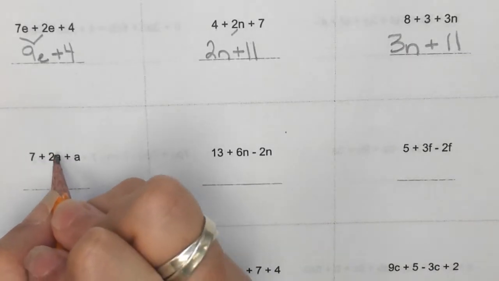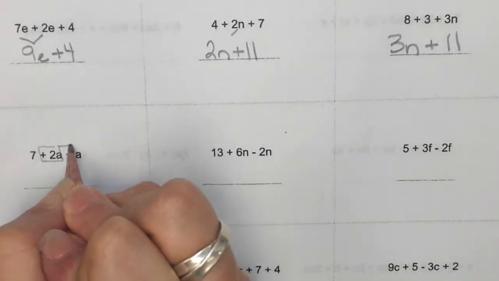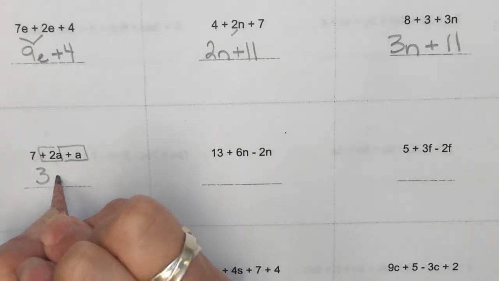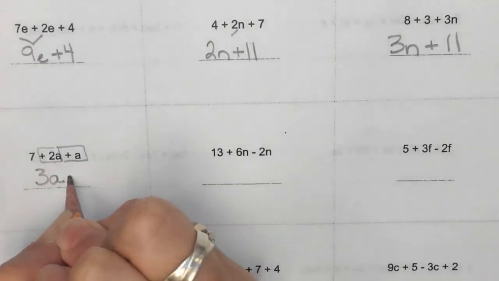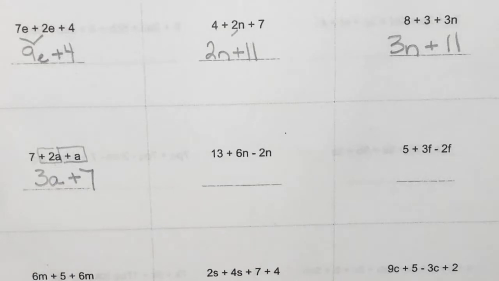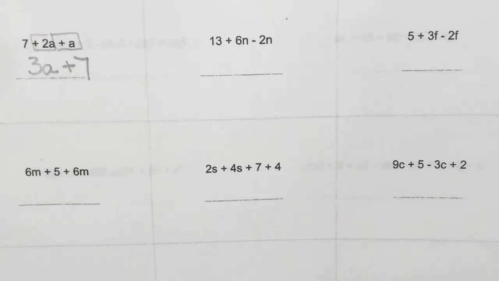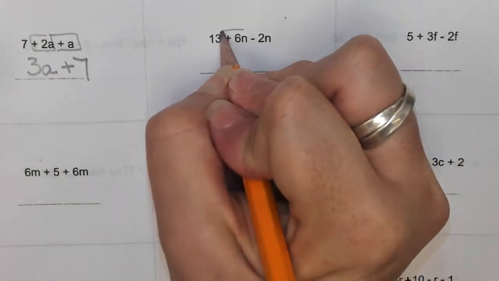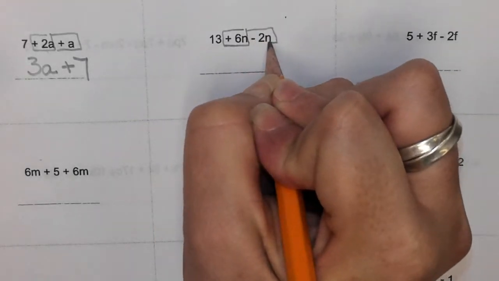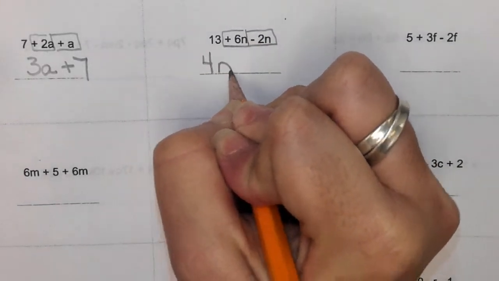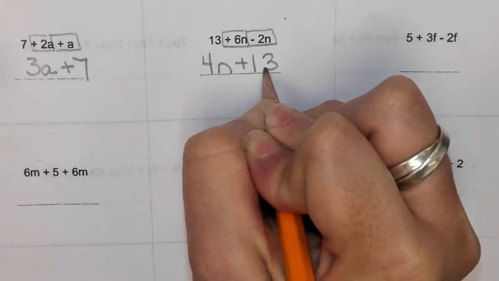Okay, 2a plus 1a is 3a. That's a positive 7, so it's plus 7. Okay, this is 6n minus 2n is 4n plus 13.